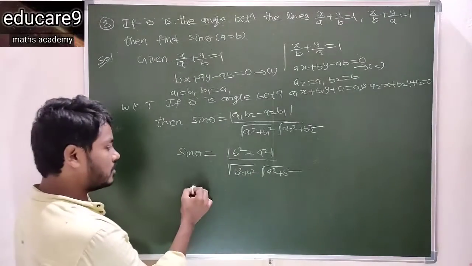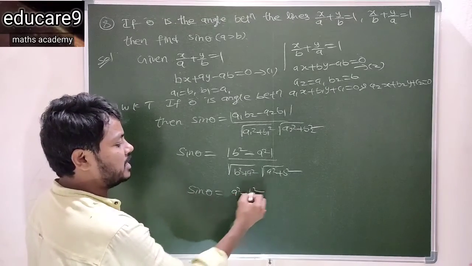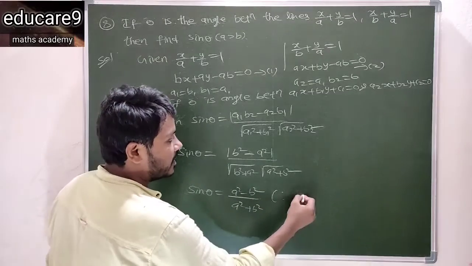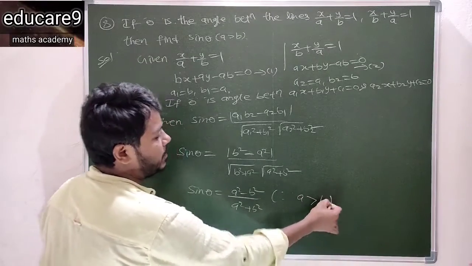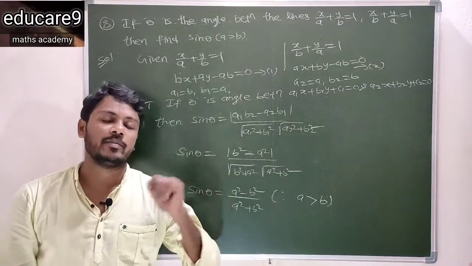Now see here, therefore sin theta is what? a square minus b square by a square plus b square. Because a is greater than b, that's why I am writing mod b square minus a square as a square minus b square.